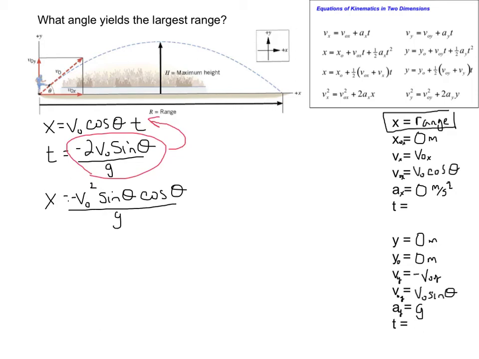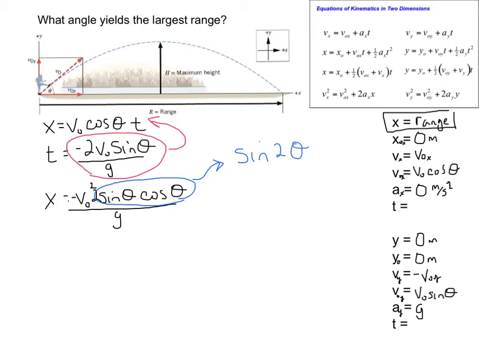Now you may look at this and say, well, I'm not sure how to optimize for theta because sine and cosine are kind of different values, and so you would be right. Oh, I forgot. I actually have a 2 in there, so let's not forget the 2. But if you recall from trigonometry, 2 sine theta cosine theta is actually, via trig identity, simply just sine of 2 theta.